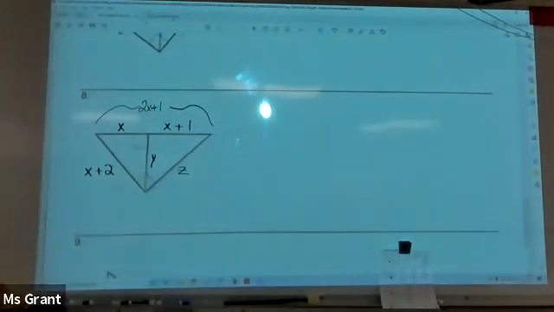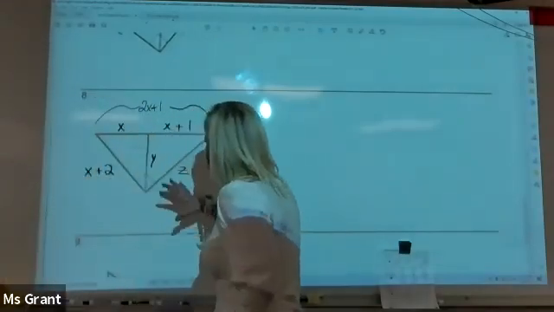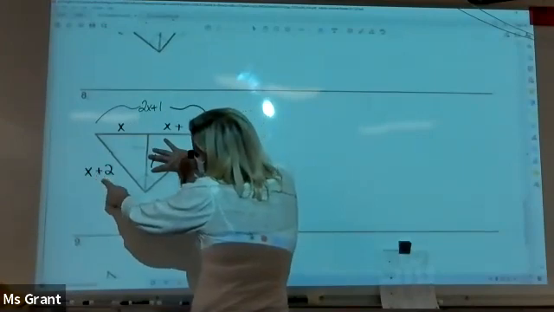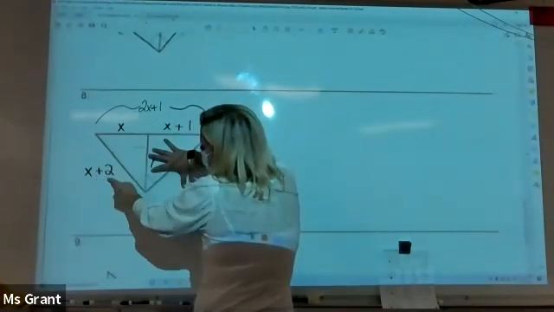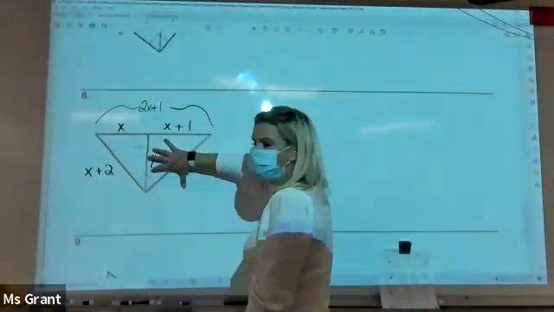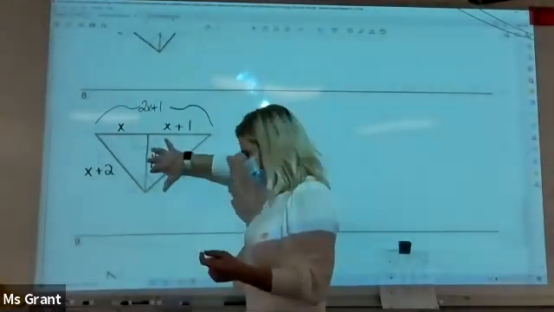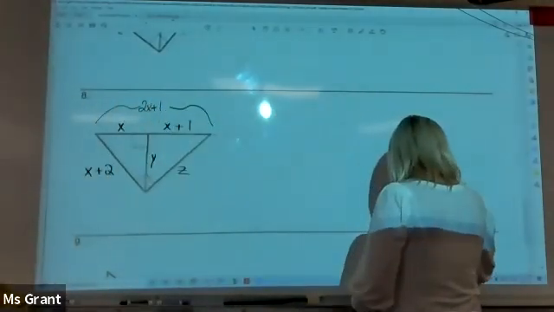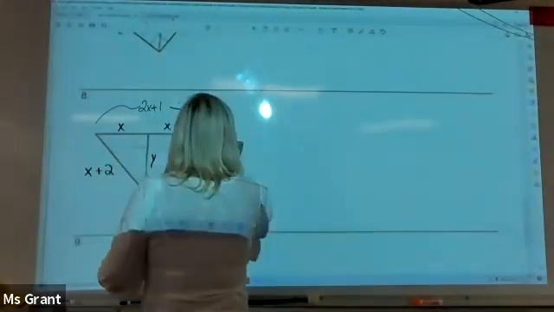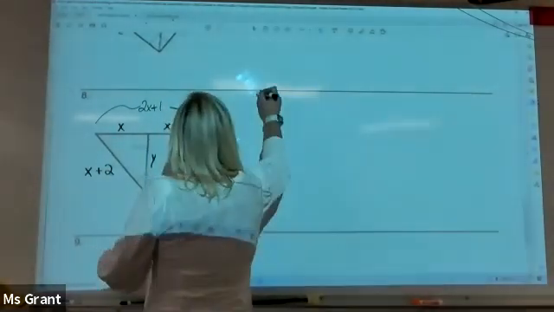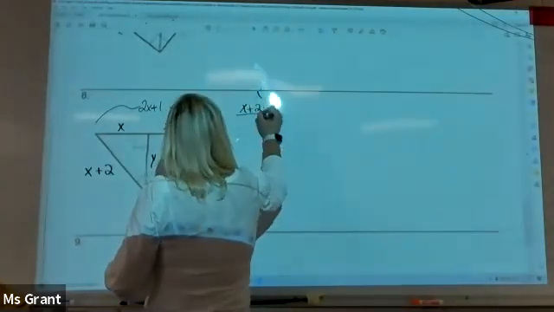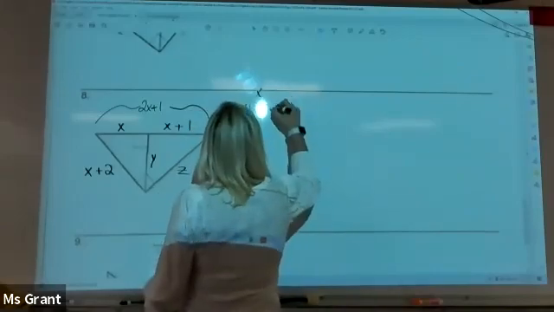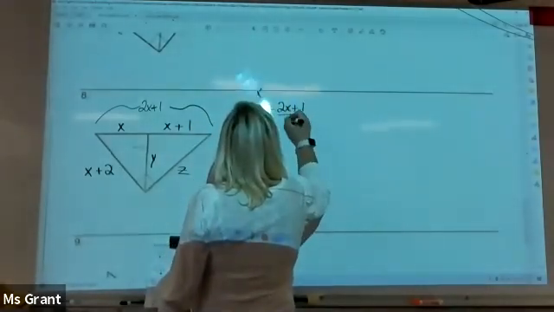Here's what I think is the easiest one to solve for first. The x plus 2, the x, and the 2x plus 1. Those, because they all have an x in them. Okay, here's what that looks like. I'm gonna do x plus 2 over x equals 2x plus 1 over x plus 2.